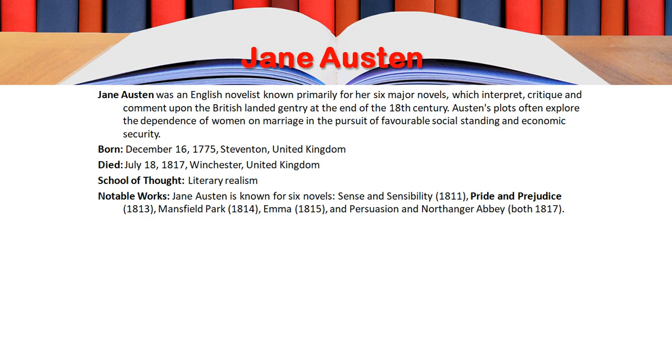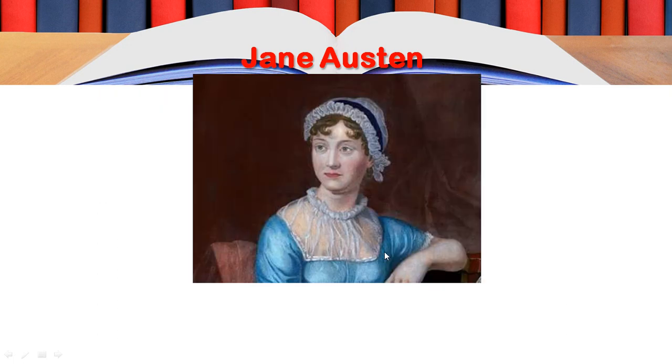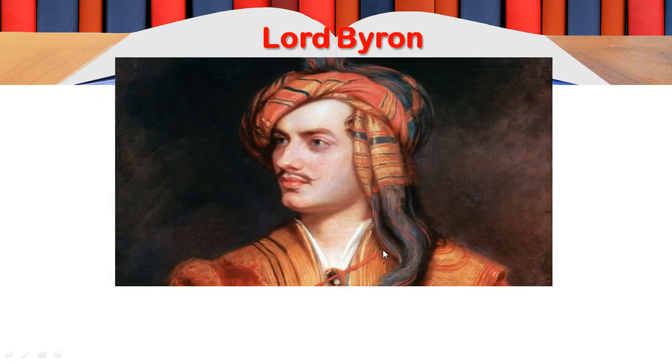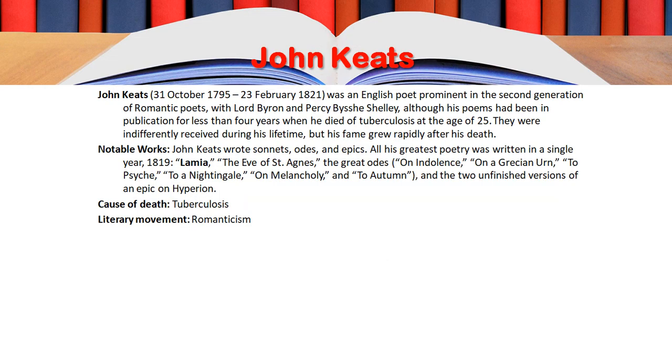Her notable works, 6 novels, are Sense and Sensibility, published in 1811, Pride and Prejudice, which you are supposed to study this semester with me, published in 1813, Mansfield Park, 1814, Emma, 1815, and Persuasion and Northanger Abbey, both published in 1817. So with the short biography of Jane Austen, Lord Byron, and John Keats, you are supposed to study in Romantic Literature 2, ENG 409.